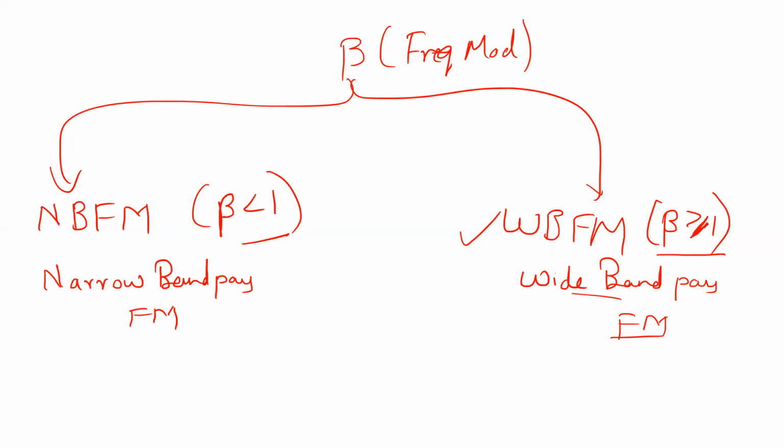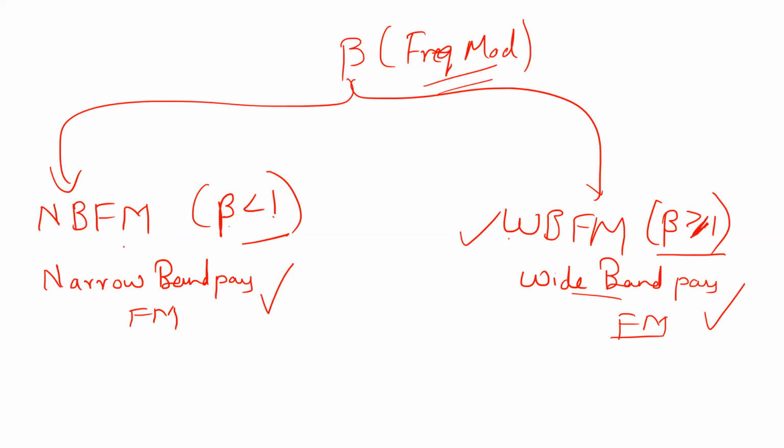Correct. Now, frequency modulation can be further divided into two types: NBFM and WBFM. NBFM is beta smaller than 1. WBFM is beta greater than 1. So you have narrowband FM and wideband FM. Clear?